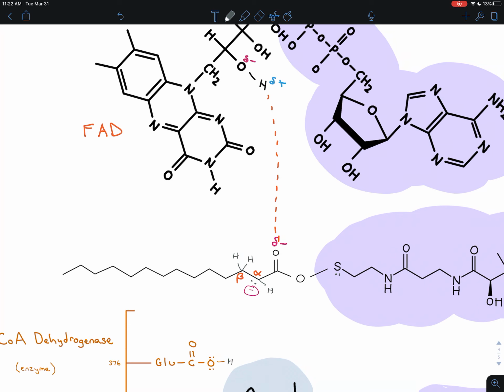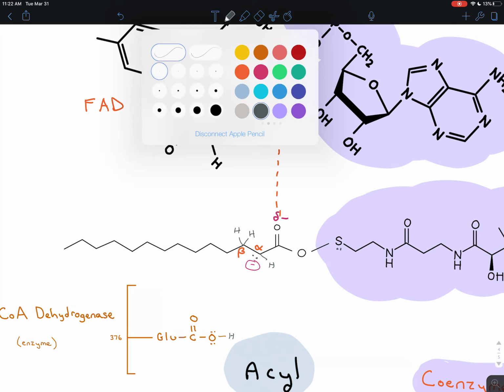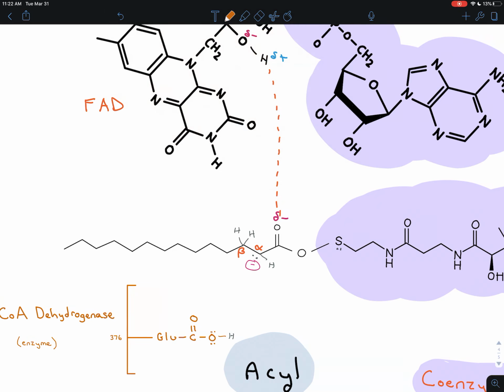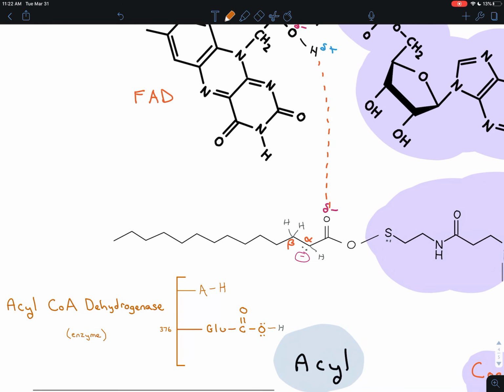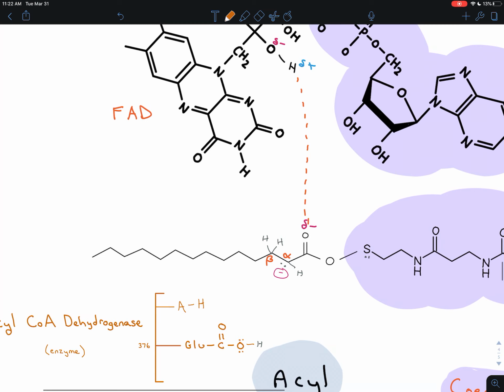Now, ultimately, this is going to happen, and I know that visually this is a little tricky, through another interaction with the acyl-CoA dehydrogenase enzyme. This is the symbol for an acid, so A for acid, and this is the hydrogen that acid is going to be giving up.